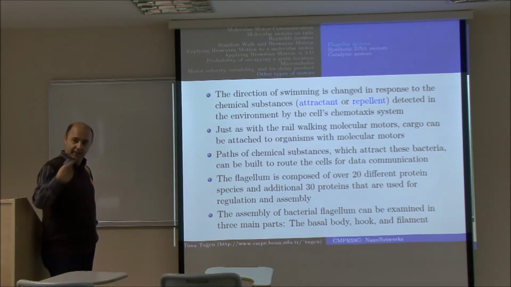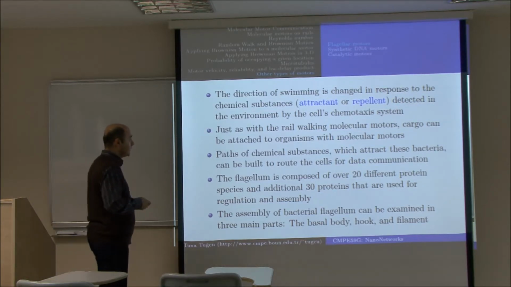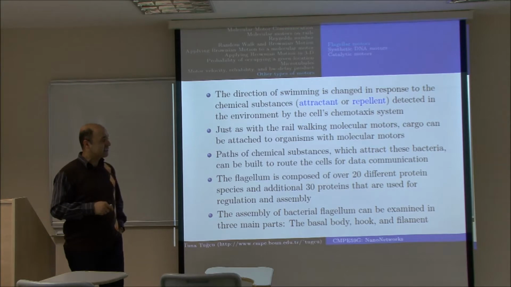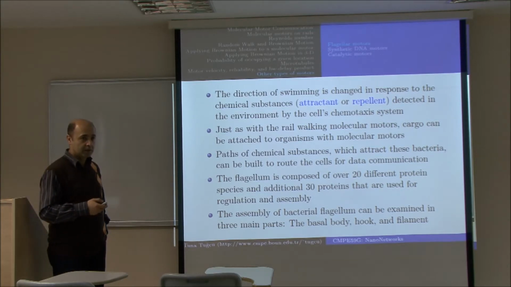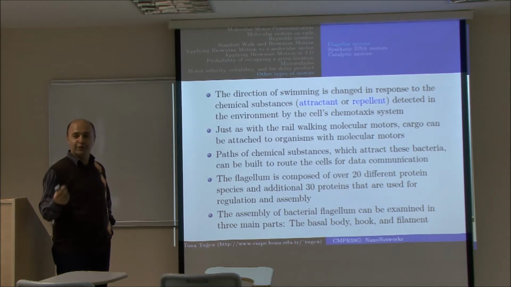In that case, it would be a repellent, detected in the environment by the cell's chemotaxis system. So if you provide food to the bacteria, it will try to go towards the food, actually.